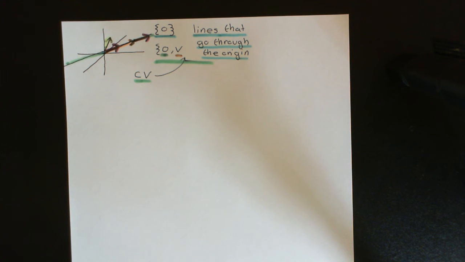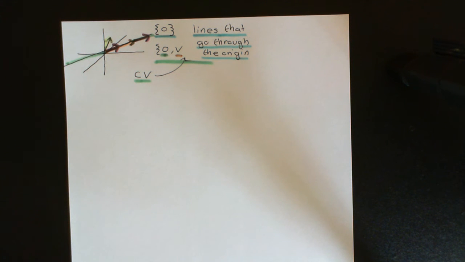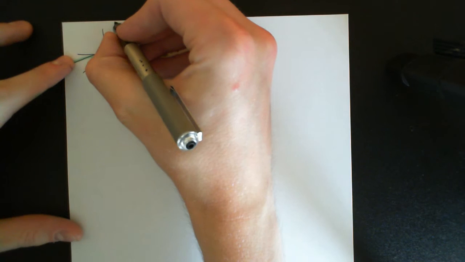Well, firstly, the same argument that I used previously holds again. If I've got this yellow vector here, I'm going to have all scalar multiples of that, because if that yellow vector is going to be in my subset, then by criterion number 2, all scalar multiples of that vector must also be in my subset.